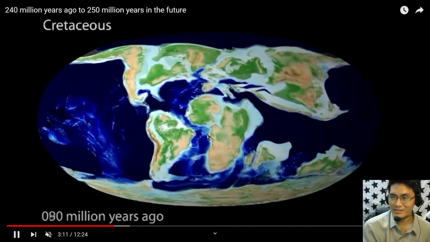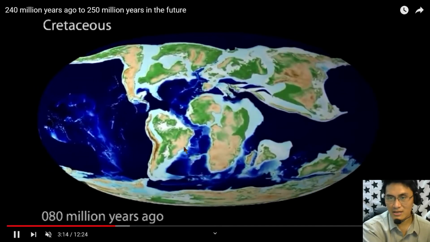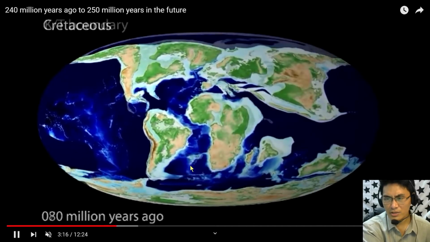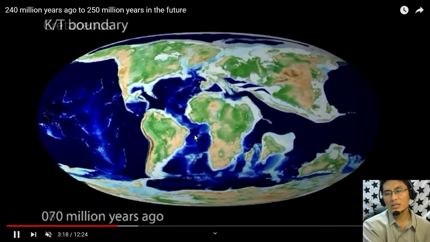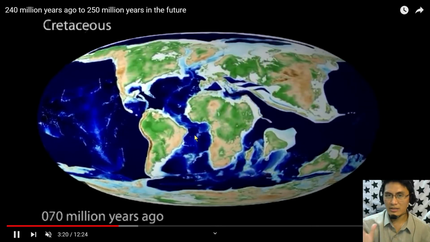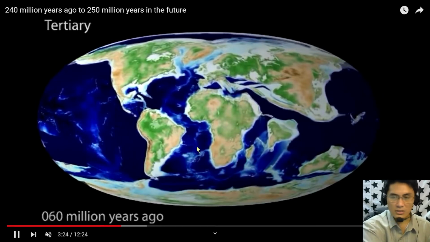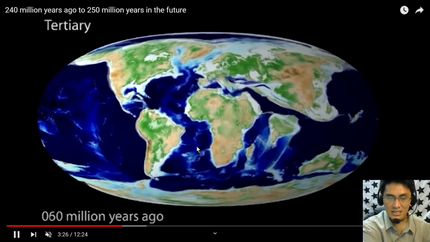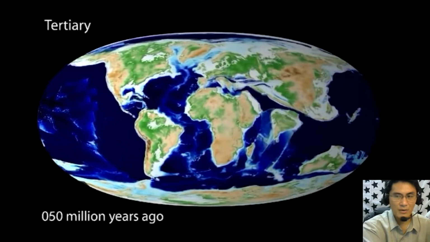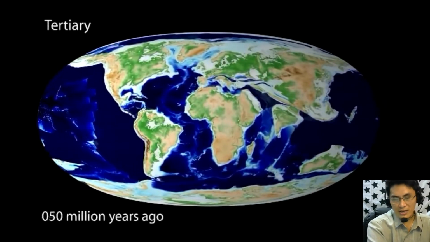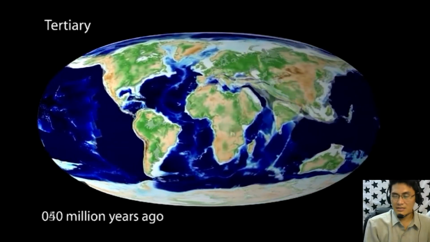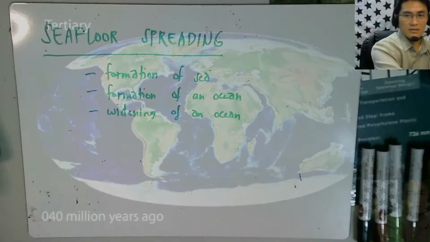After all, an ocean is just a big stretch of the sea. Once you form that ocean, it eventually widens and widens. This process is called seafloor spreading, because just like the name implies, the seafloor spreads.